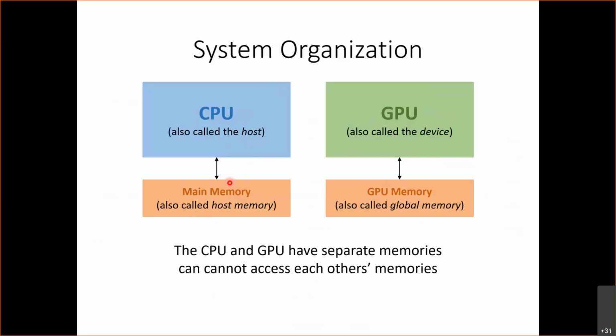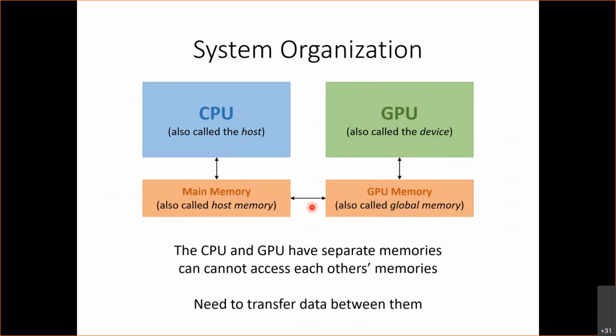So if I want to use the GPU to add these arrays, what do I need to do? Send them through, for example, PCIe. Right, what I need to do is transfer the data from the main memory of the CPU to the memory of the GPU. To do this transfer, I'm going to have some kind of interconnect.